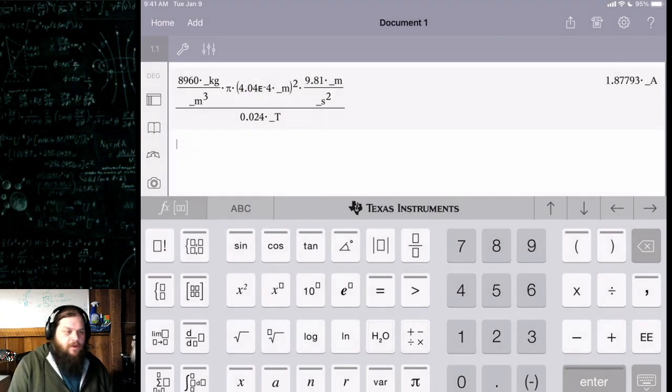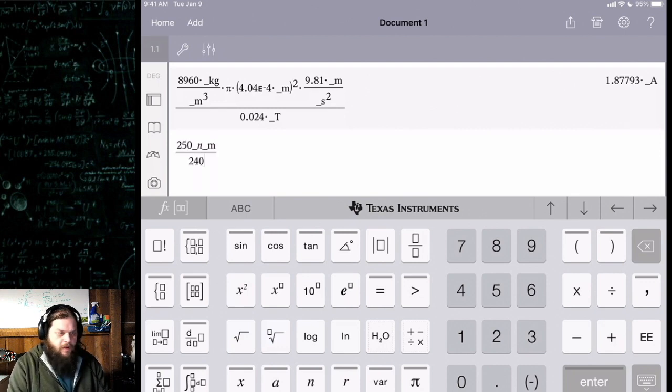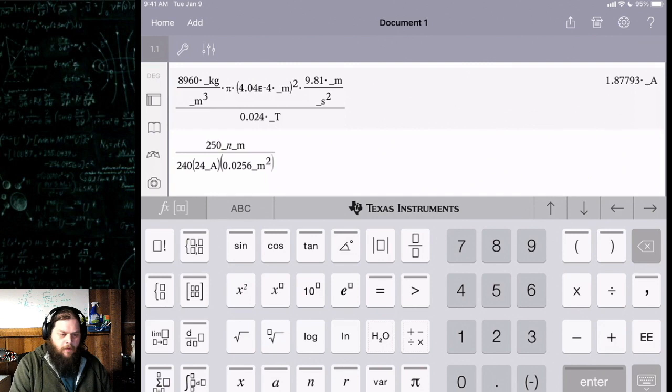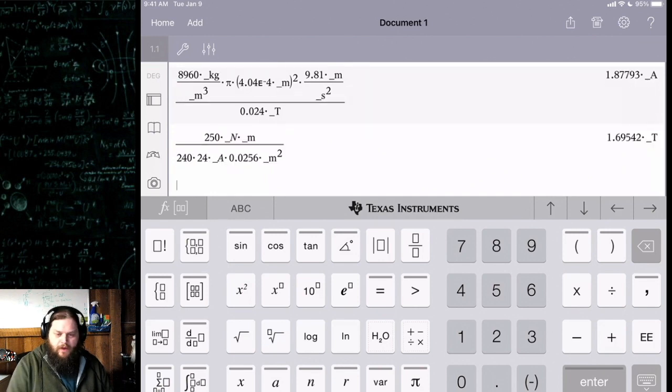Plugging those into our calculator, we get 250 Newton meters divided by 240 times 24 amps times 0.0256 meters squared equals 1.695 Tesla.